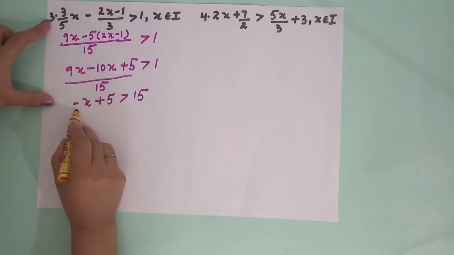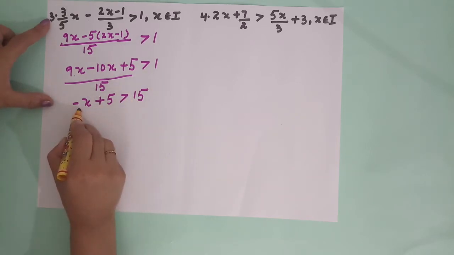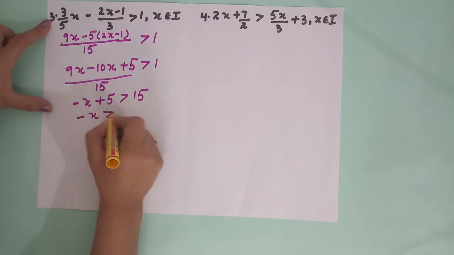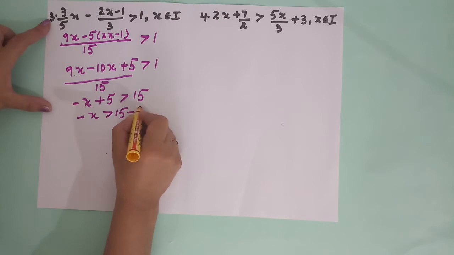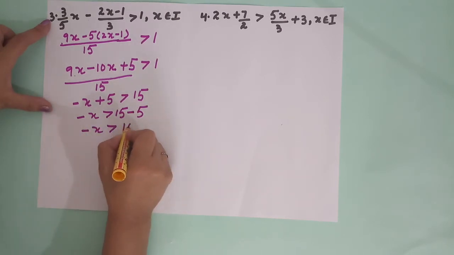Now you see, since we have x on one side only, we can't shift it, we have to keep it here only. So we can shift this number. Minus x is greater than 15 minus 5. Minus x is greater than 10.